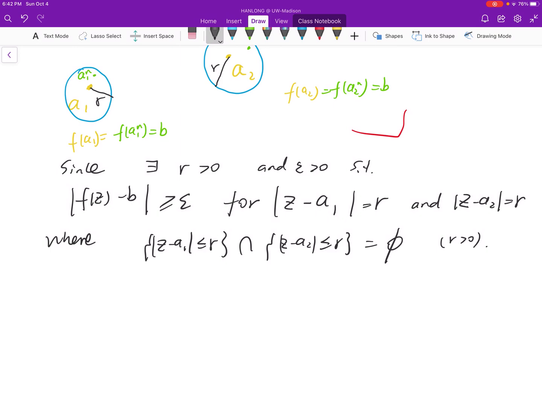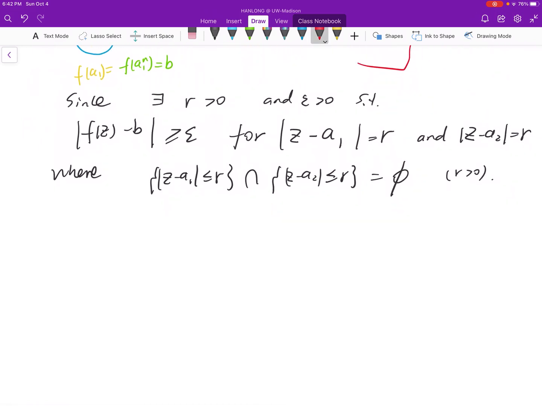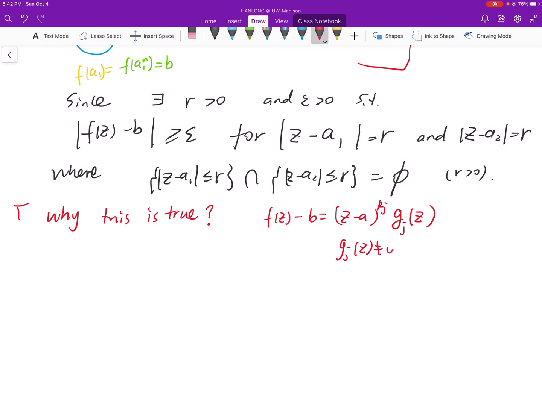This can be done because of the assumption. So why is this true? Actually, we proved it before. Because f(z) minus b equals (z minus aj) to the kj times some holomorphic function gj(z) such that gj(z) is different from 0.